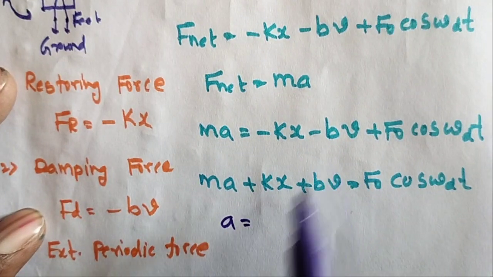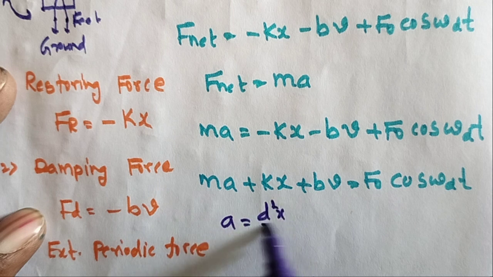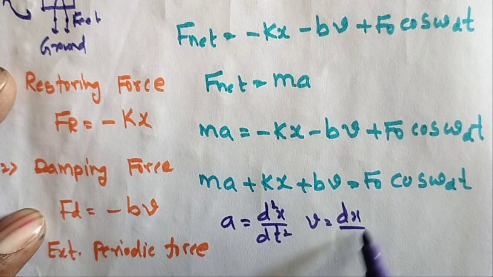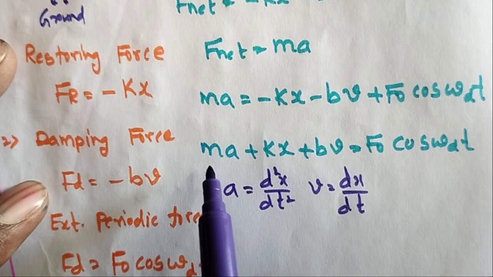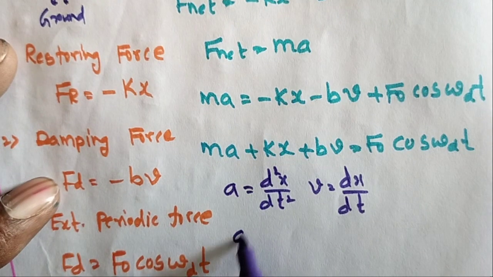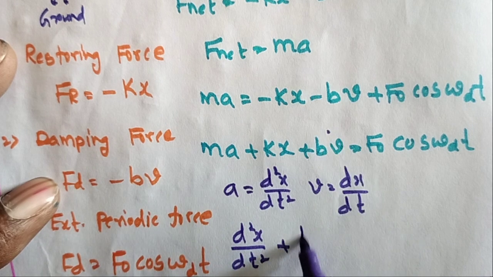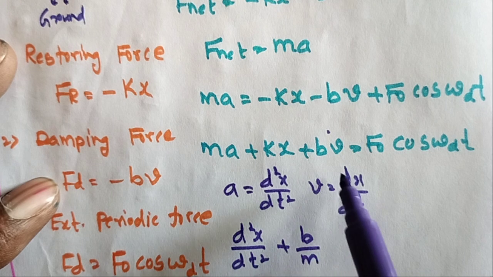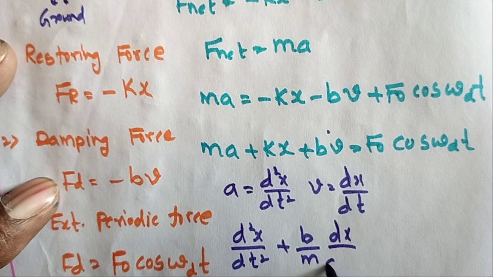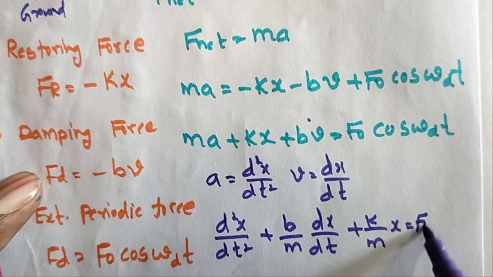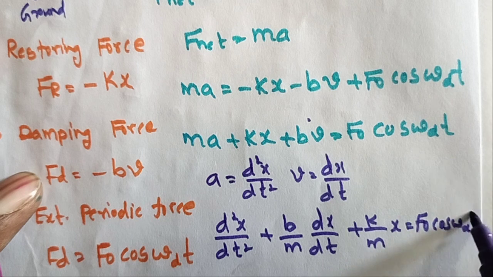A is equal to acceleration d square x by dt square, and v is equal to velocity dx by dt, and dividing by m, A is equal to d square x by dt square plus b by m times v is equal to dx by dt plus k by m x is equal to F naught cos omega dt.